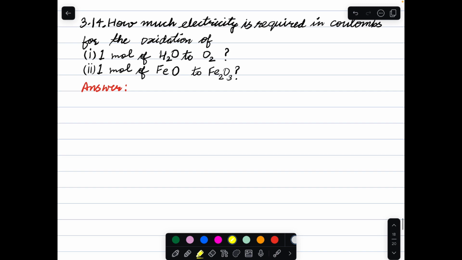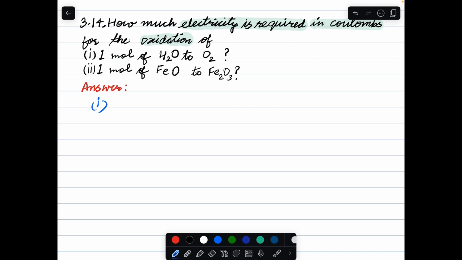Now come to the fourth one. In the fourth one, they are asking how much electricity is required, that is, electricity required in coulombs. It is specified here for the oxidation process. Here the process is oxidation. In the last two, it was the reduction process. And we have two examples, so we will write down the first one.